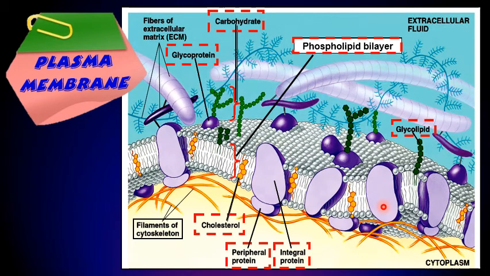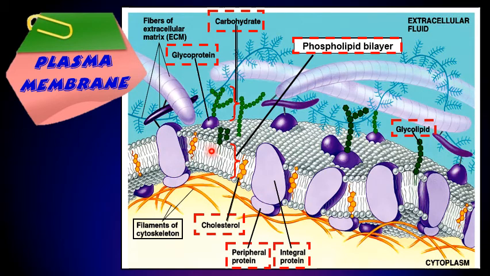two types of proteins which are the integral proteins, which are partially or fully embedded in the phospholipid bilayer, and peripheral proteins, which are attached to the outer and inner surface of the membrane.